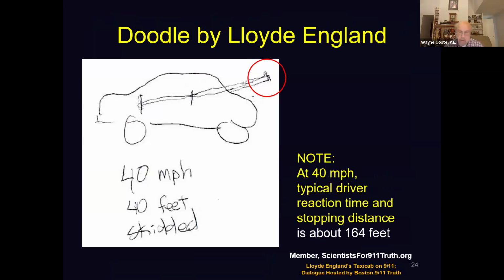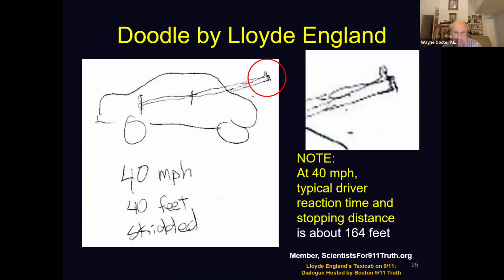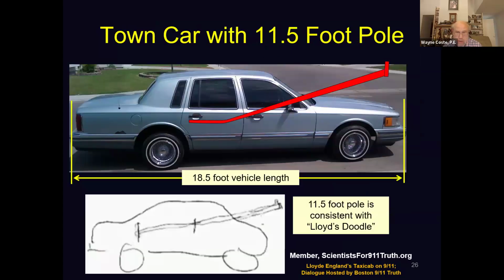No, it's not the pole mast that's sticking out. He's accurately described the lower lamp support arm, and you can see it even has some of the details at the very end, and it's sticking out over the hood. I know it's not a great to-scale drawing, but this is what it would look like in a Lincoln Town Car, with an 11.5-foot pole sticking out, reaching into the back seat.